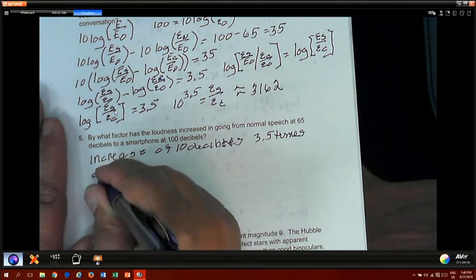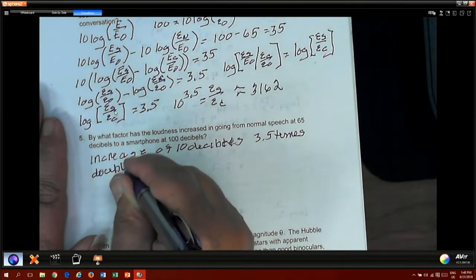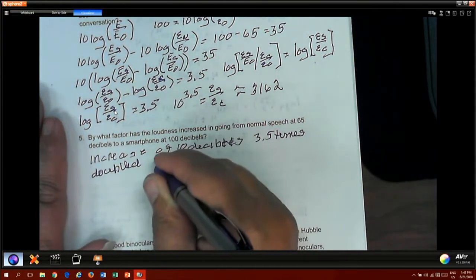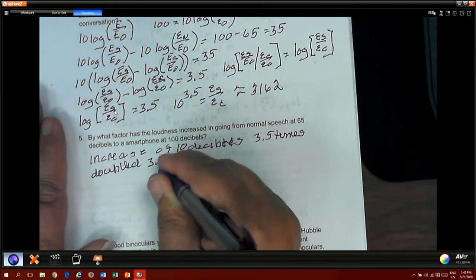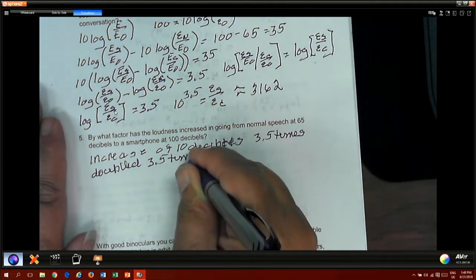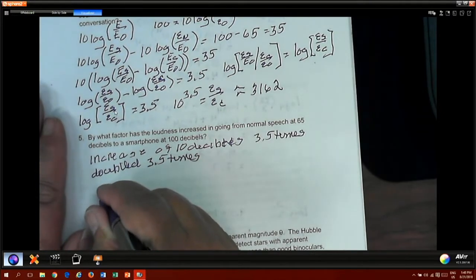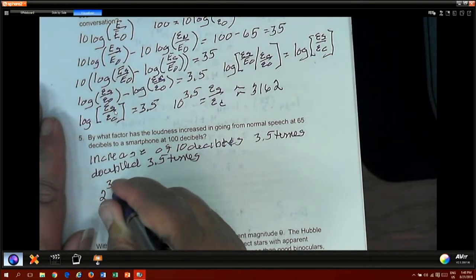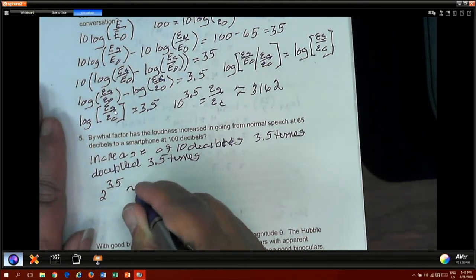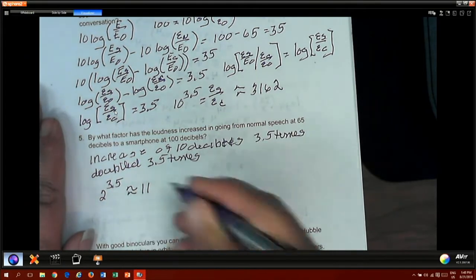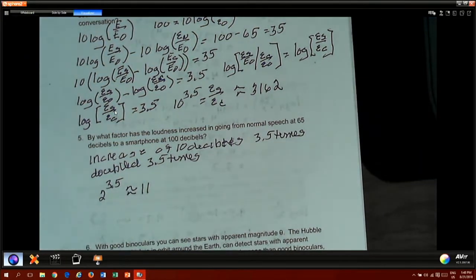So it's doubled (3.5 times). So we take 2 to the 3.5, which is approximately 11.